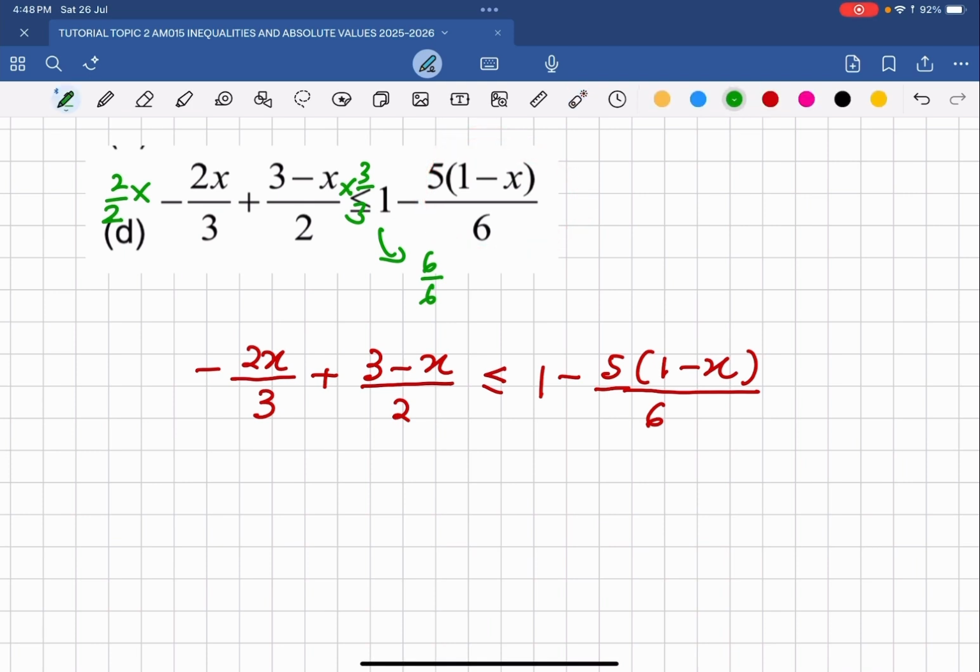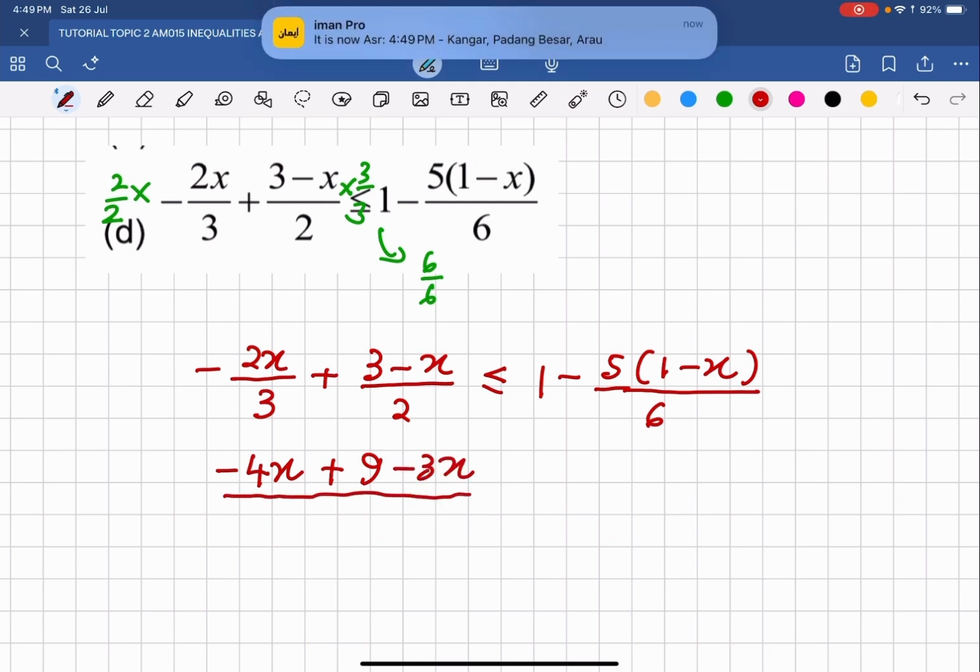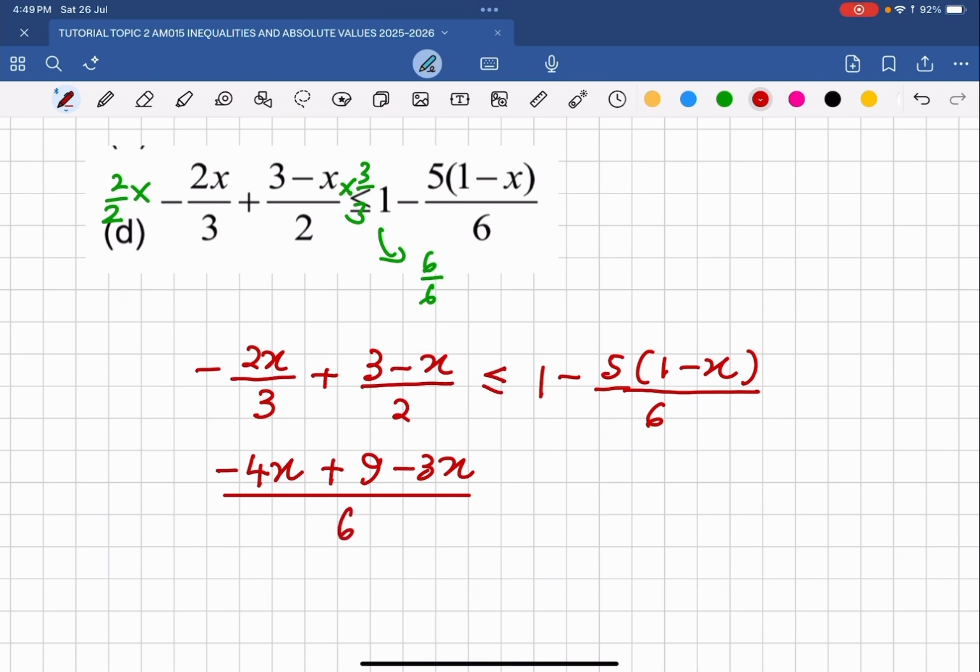Alright, now let us equalize the denominators. So 2 times negative 2x is negative 4x, plus, now this is positive, so you don't have to write down the brackets. 3 times 3 is 9, 3 times negative x is negative 3x, and the denominator is 6, less than or equal to.